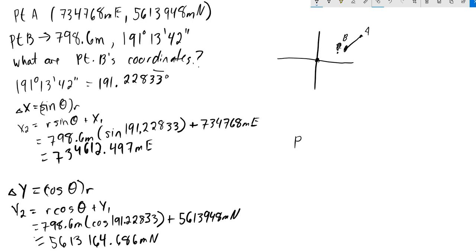So my point B is located at 734,612.497 meters east, with the northing of 5,613,164.686 meters north. And that is your answer.